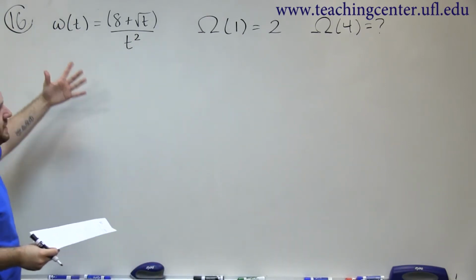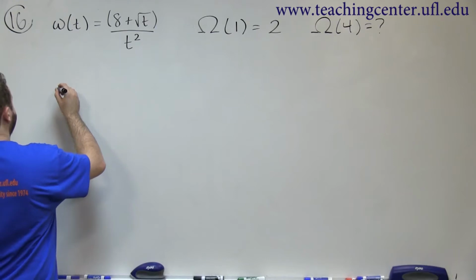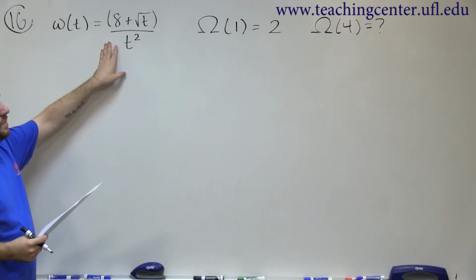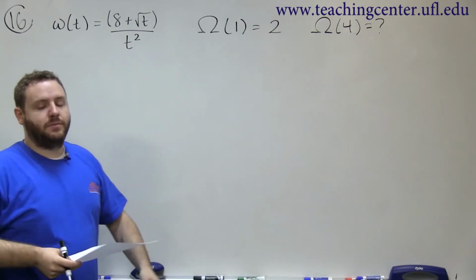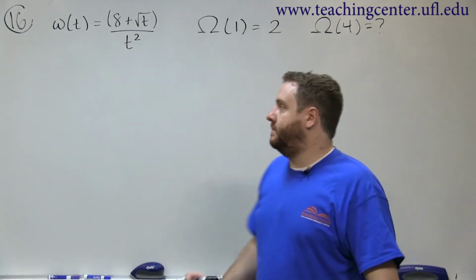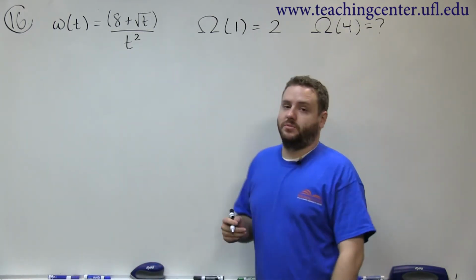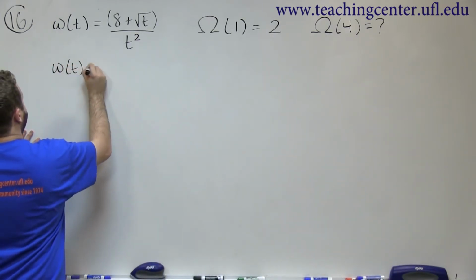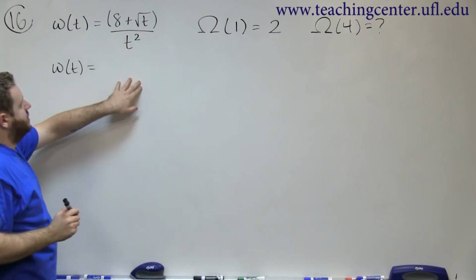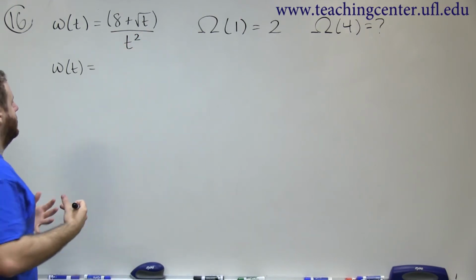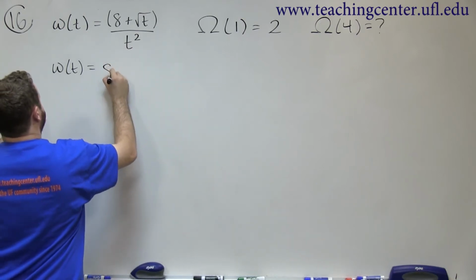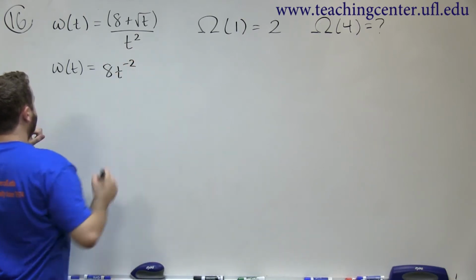To do this, we need to find the antiderivative. Before we do it, remember, we don't have any sort of quotient rule for finding antiderivatives. So we have to simplify this first. How can we simplify this? Well, we could divide each of the terms in the numerator by the denominator and then separate them as powers. So this is 8 over t squared, which I'll write as 8t to the minus 2.